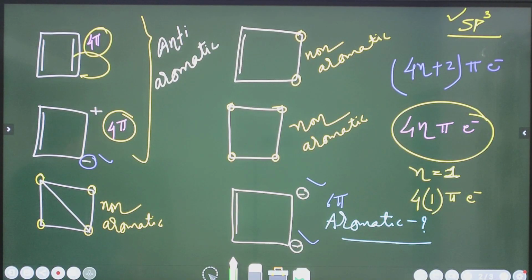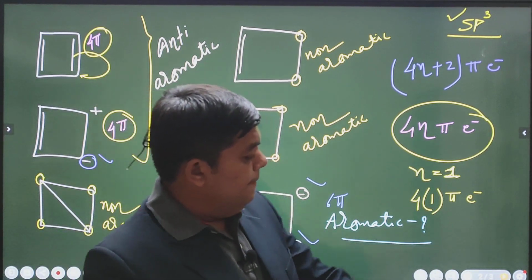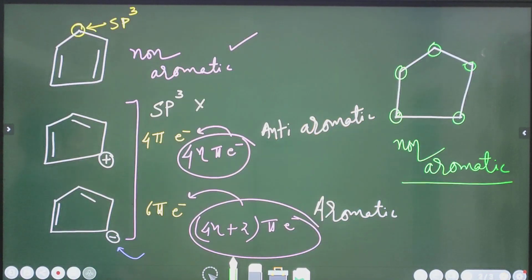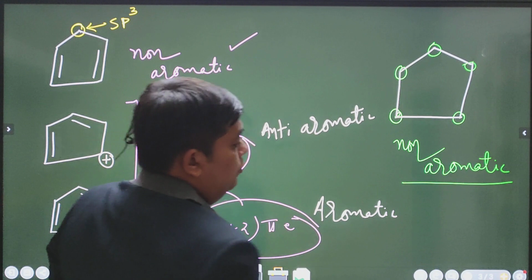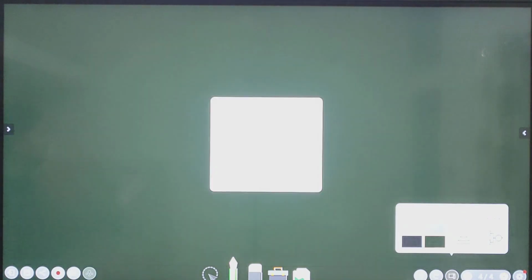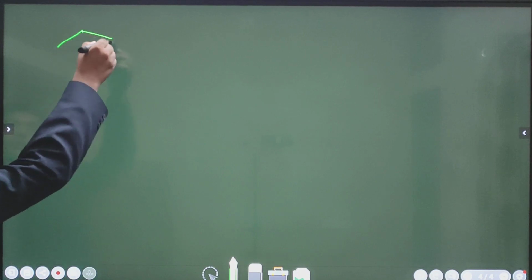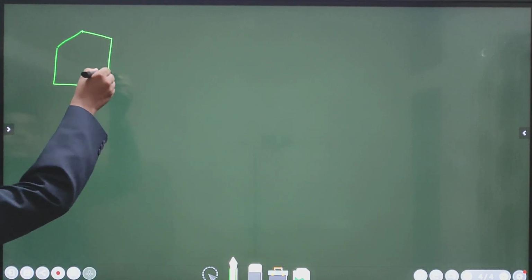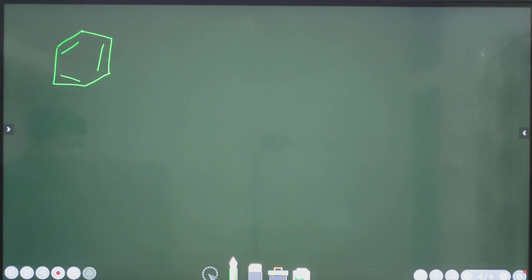For these 4 carbon ring structures: aromatic, anti-aromatic and non-aromatic. And now for these 5-member ring structures: aromatic, anti-aromatic and non-aromatic. Let us move a step ahead with this very popular 6-member ring structure.